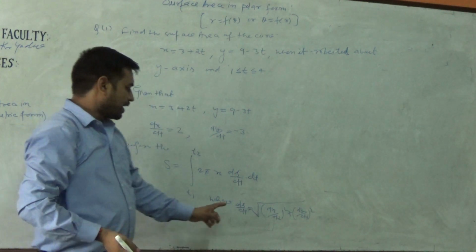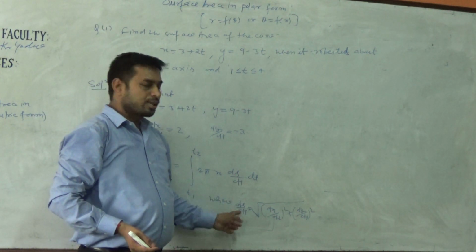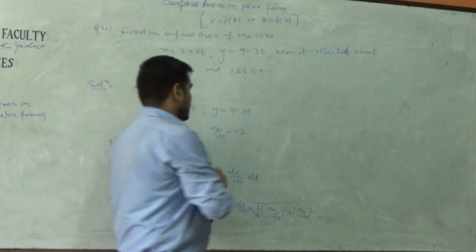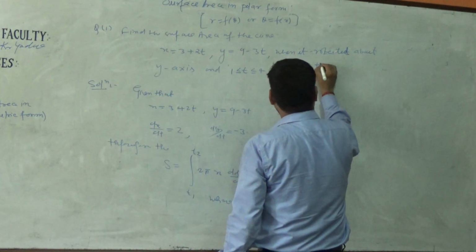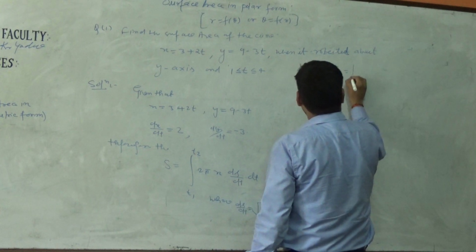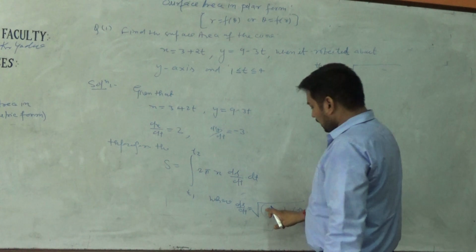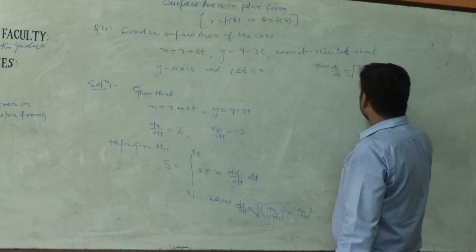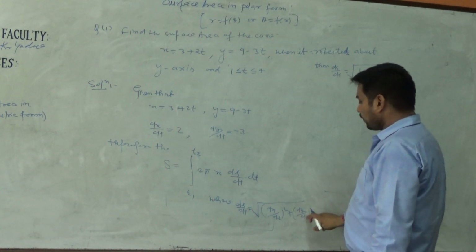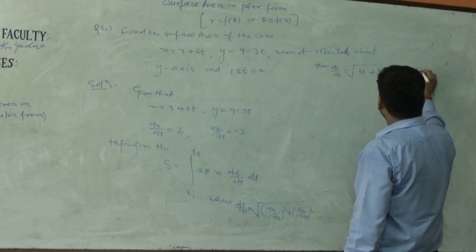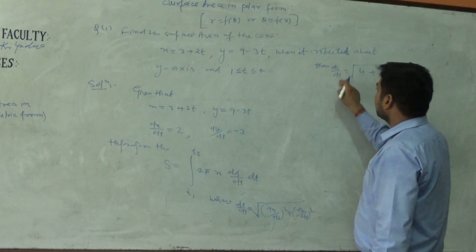Now first we calculate the value of ds upon dt by using these derivatives. Then ds upon dt equals under root of dx upon dt whole square, which is 4, plus dy by dt whole square, which is 9. This implies under root 13.